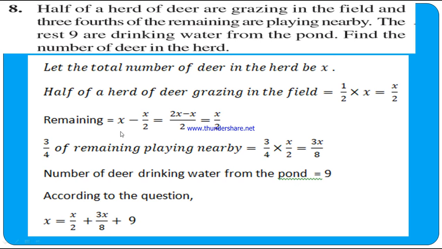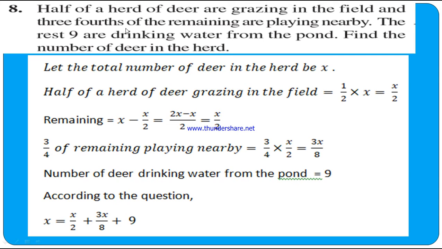Take the denominator 2, then 2 into x, 2x, minus 1 into x, x. So 2x minus x over 2 is x by 2. So the remaining herd of deer is x by 2.